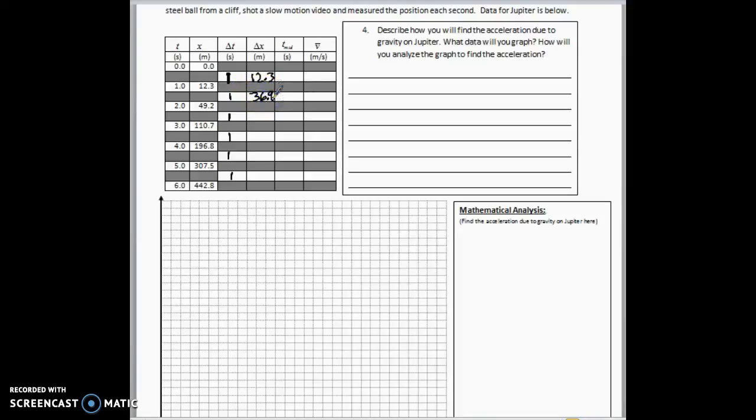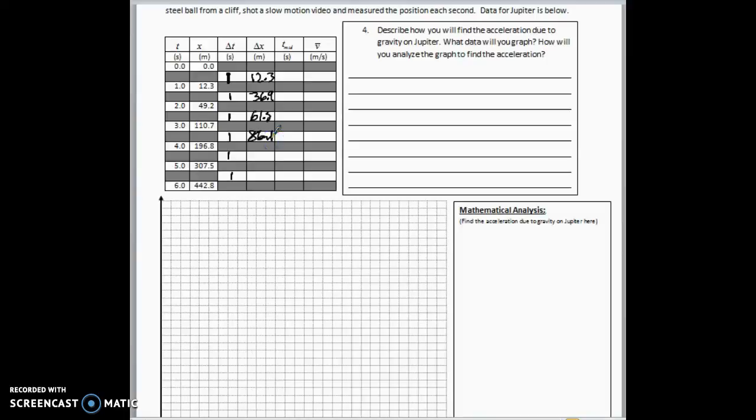Feel free to do the same thing on your own calculator. 110.7 minus 49.2, okay, it's 61.5. Now I'm just calculating this along. 196.8 minus 110.7 is 86.1.